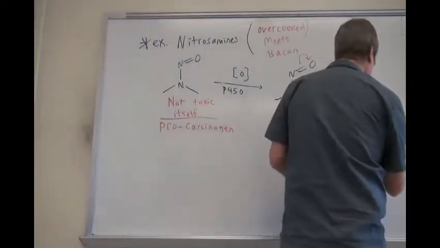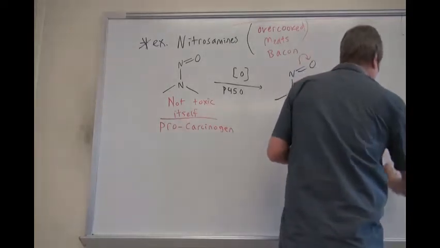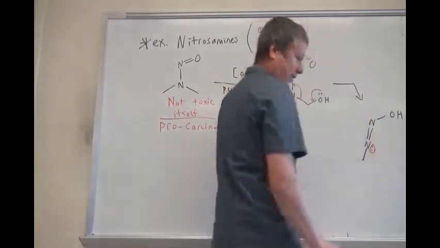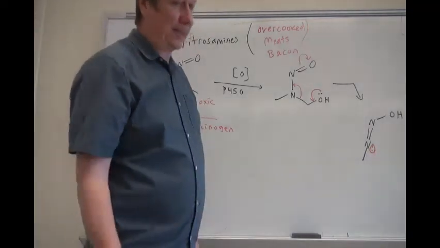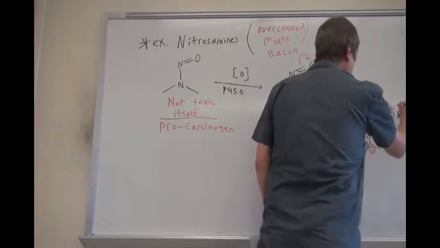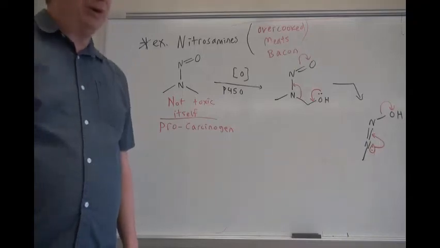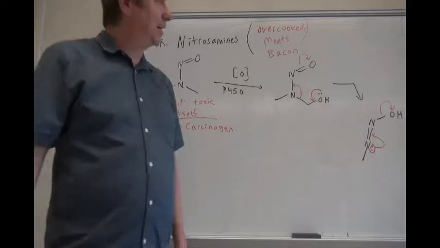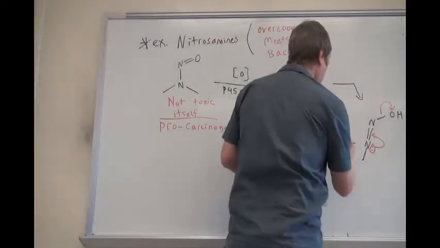But now something kind of weird happens where this lone pair on nitrogen will actually kick up and kick this off as a leaving group. And the OH probably gets a proton or something. So usually OH isn't a good leaving group, but somehow it got a proton. And now we made a really super toxic substance.